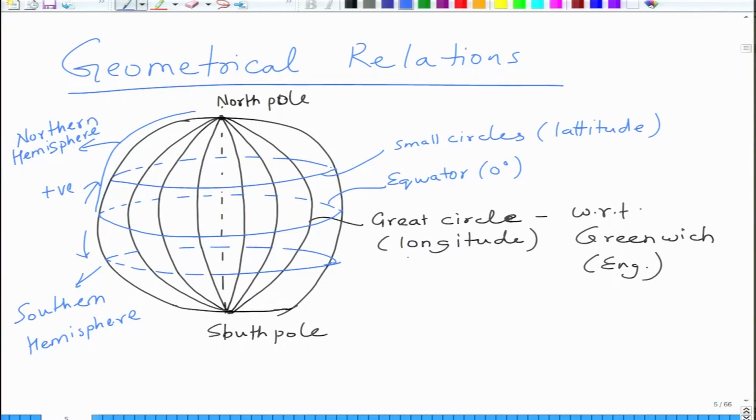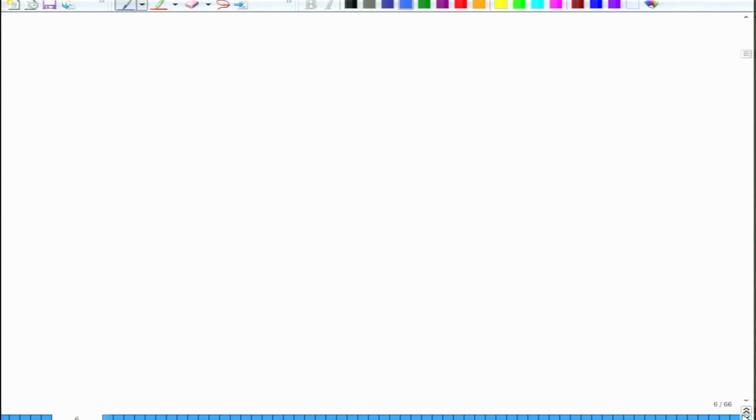the northern hemisphere and southern hemisphere. Generally longitude is depicted as lambda, and latitude is depicted as phi. Now we also know that since we measure our time with respect to Greenwich Mean Time, which is located in England, our time is 5:30 hours ahead of Greenwich Mean Time, whereas America would be some hours behind Greenwich Mean Time, because the earth is rotating around its axis.